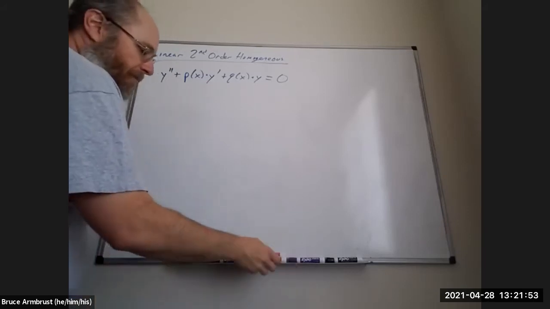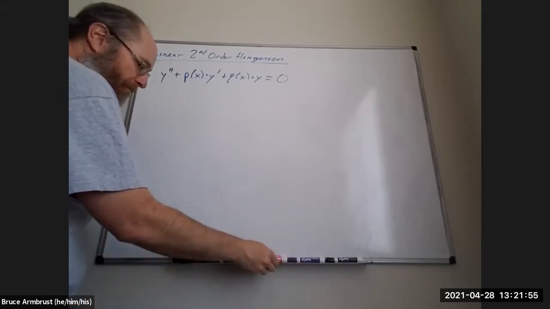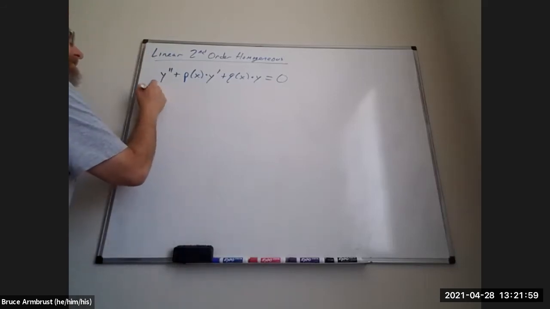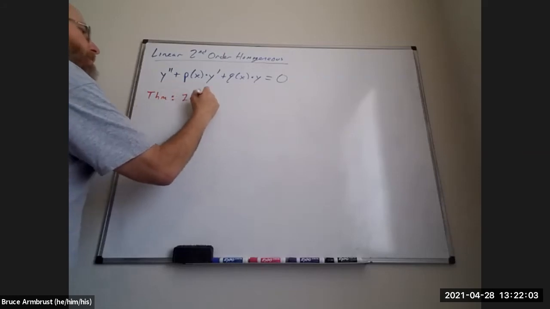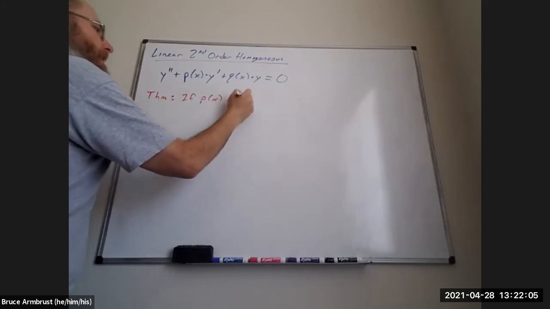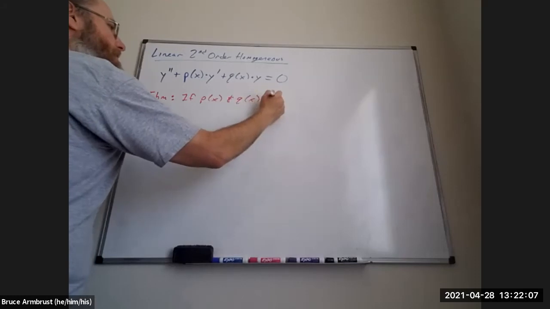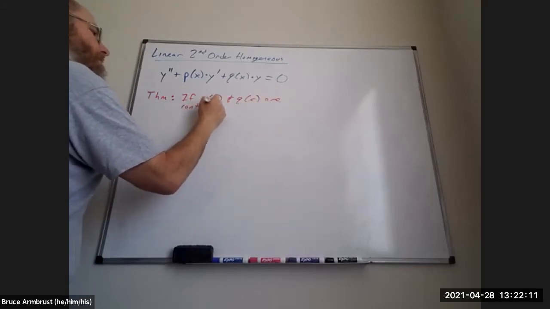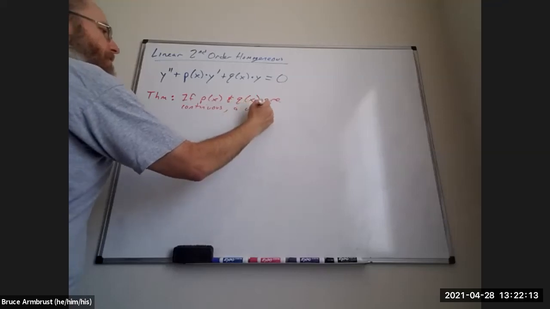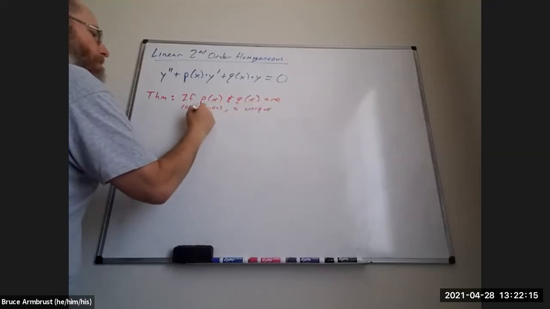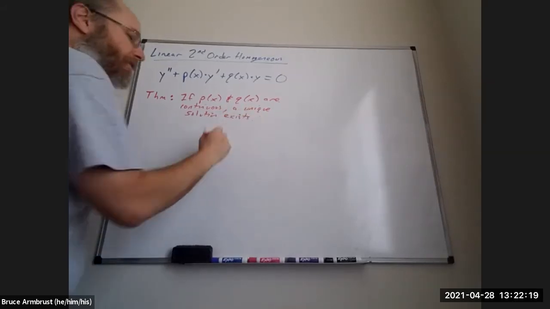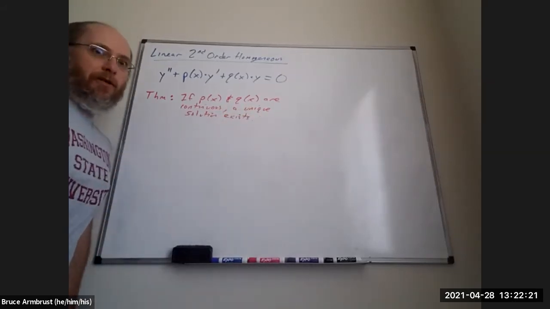Now, something that I mentioned last time, and is definitely a theorem, so let me remind you: if p of x and q of x are continuous, then there's a unique solution. This is very similar to what we saw for first order.